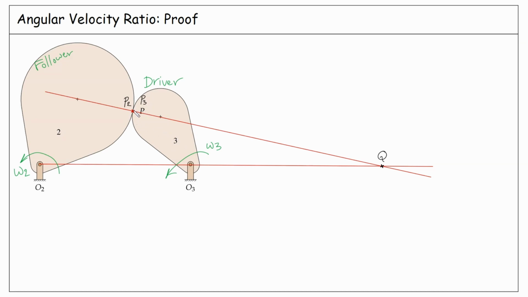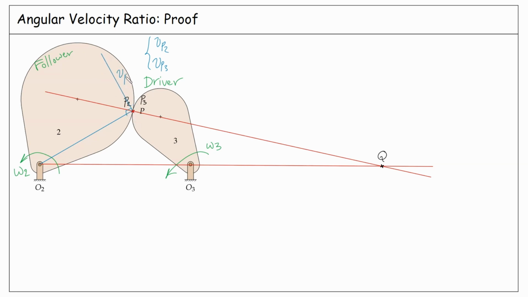Because of the contact, points P2 and P3 are coincident, meaning that they have the same position, but they have different velocities. Let's start with computing the velocities of P2 and P3. In order to find the velocity of P2, if I connect P2 to the rotation center of link 2, the velocity of P2 is perpendicular to this line.